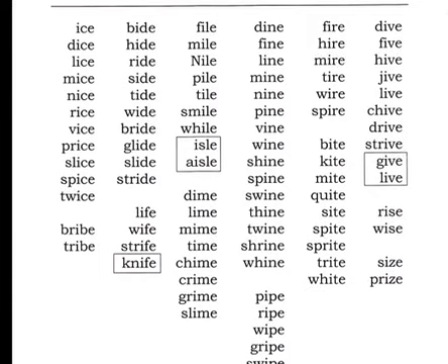For example, in the IVE spelling family, you have GIVE, which is pronounced give, or LIVE, which is pronounced live.